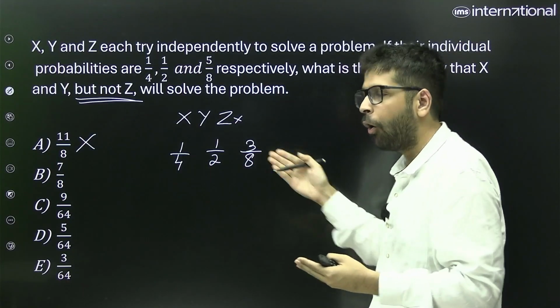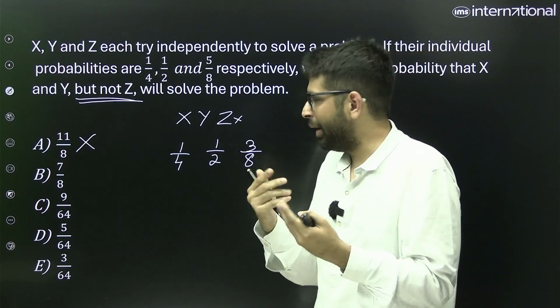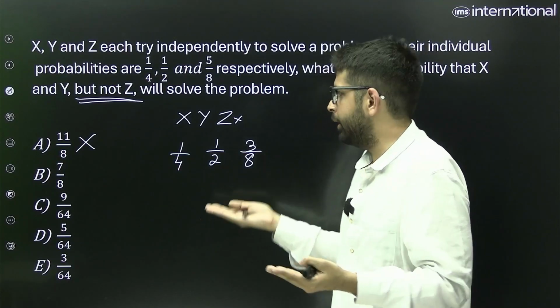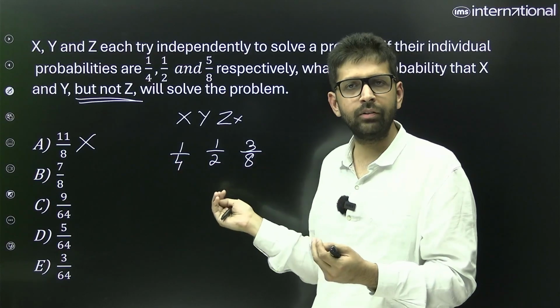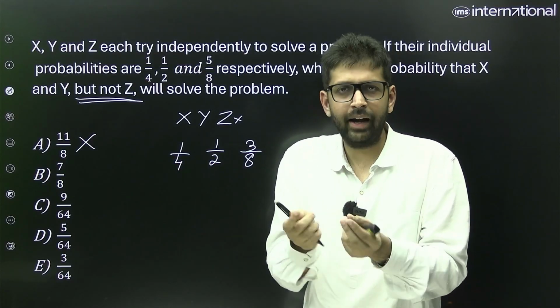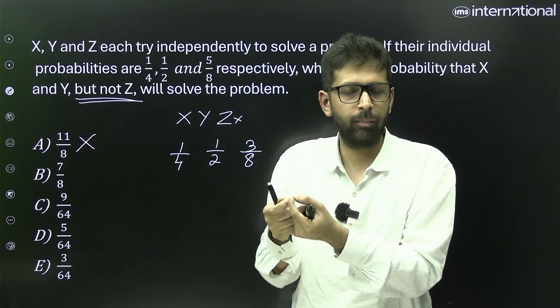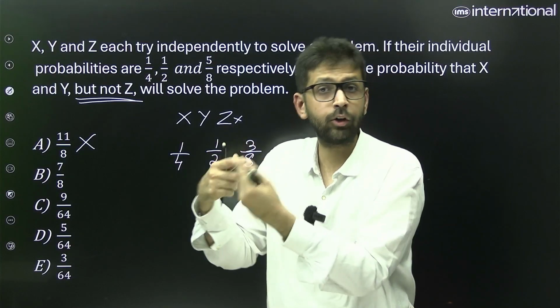So therefore, Z not able to solve the problem, the probability would be 3 by 8. Now, many students get confused whether I need to add these 3 probabilities or I need to multiply them. So there's a very simple catch to this, that I want X to solve the problem and Y to solve the problem and Z not to solve the problem.